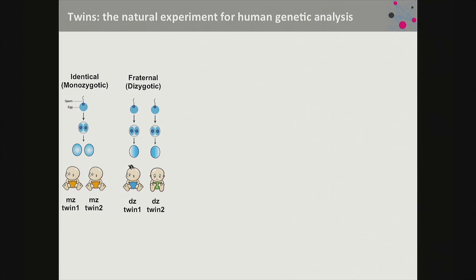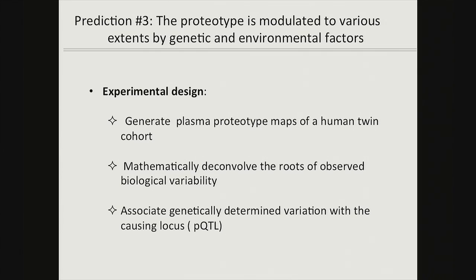So now, I'll quickly, I hope, go through this third prediction and say that the proteotype is modulated to various extents by genetic or environmental factors. So what I would like to demonstrate with this last vignette is to say, yes, we can have a genetic component that determines the phenotype and actually the proteome, but it is by no means the only factor.